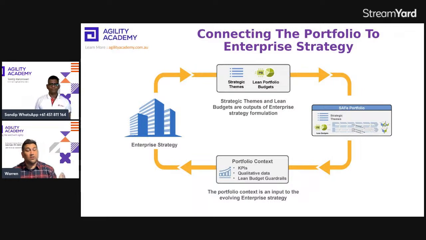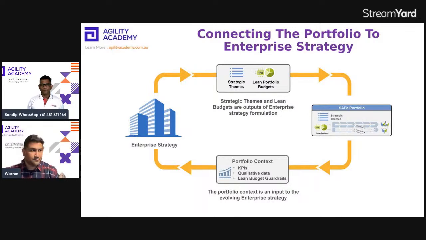There's also something called guardrails, which we will talk about a little bit later, that generally governs how the portfolio is funded, how the investments are allocated for the portfolio to deliver what it sets out to deliver. How do we measure it in that case? How do we govern it? It's generally governed by factors called metrics, which generally include outcomes, flow, and competency, which you will see in much detail in this course.